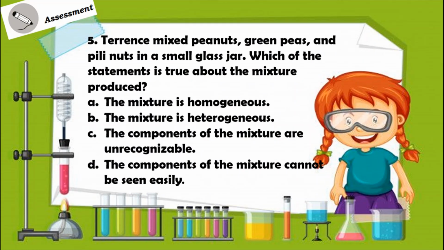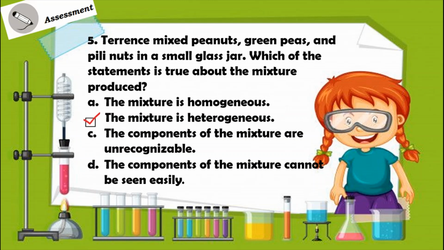Okay, number 5. Parents mix peanuts, green peas, and pili nuts in a small glass jar. Which of the statement is true about the mixture produced? A, the mixture is homogeneous. B, the mixture is heterogeneous. C, the components of the mixture are unrecognizable. D, the components of the mixture cannot be seen easily.